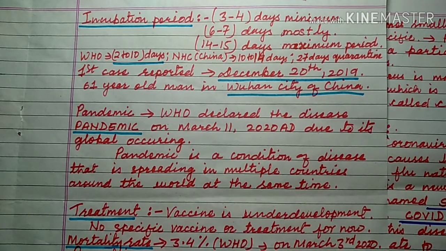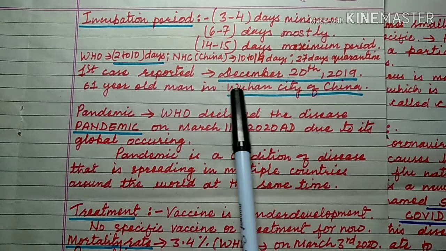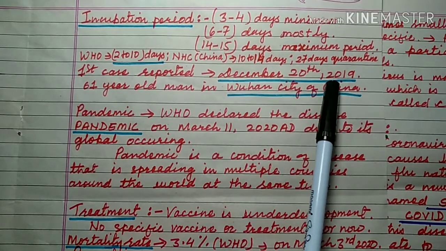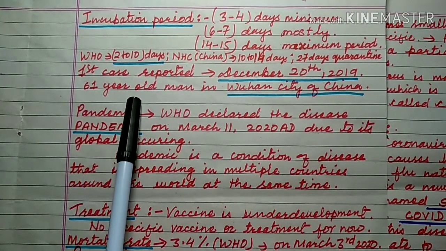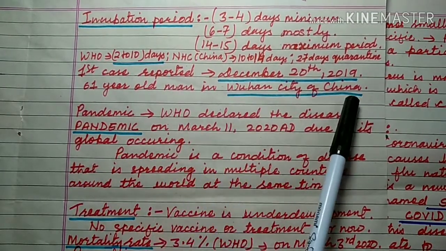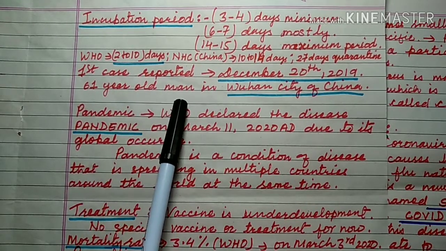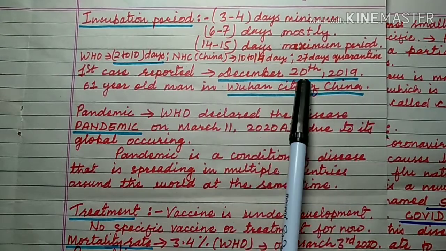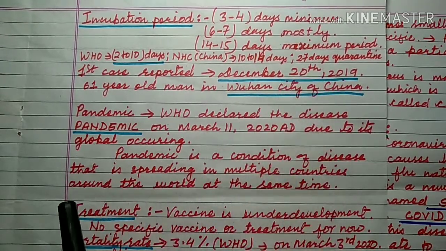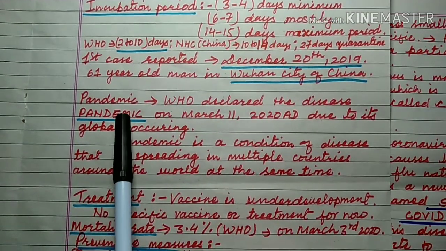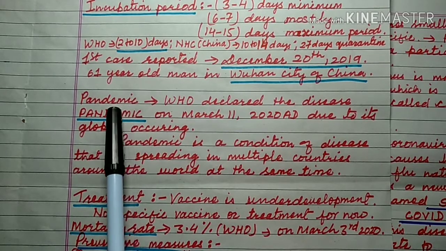Okay, up to 27 days we can wait for the symptoms to appear. First case reported on December 20th, 2019: a 61-year-old man in Wuhan city of China. So the symptoms were seen in a 61-year-old man in Wuhan city of China. Now it was declared a pandemic.